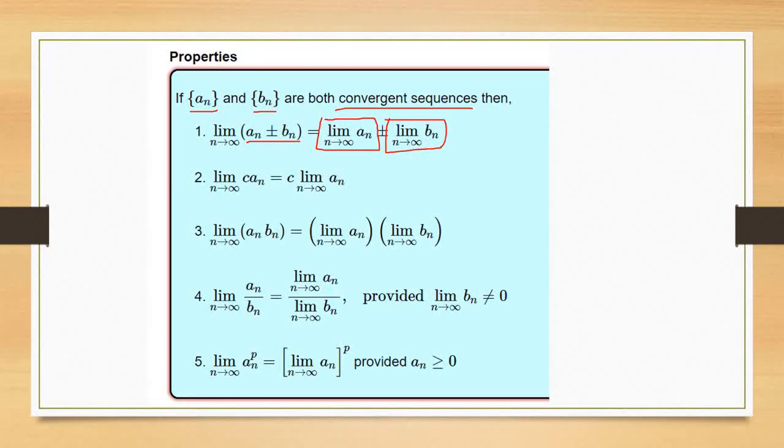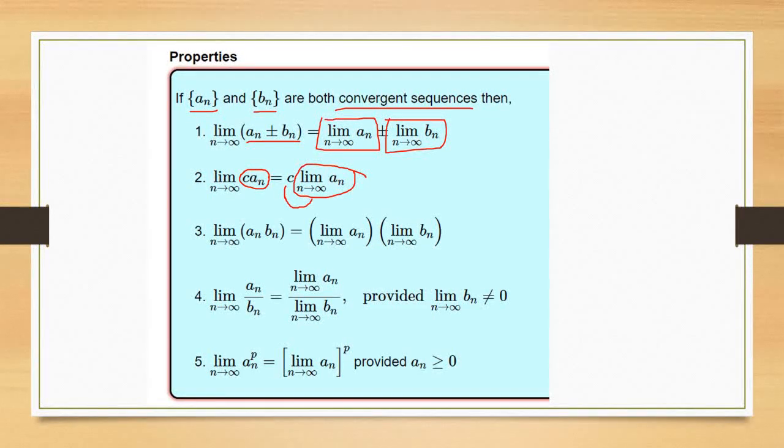Number 2, the limit of the product of a constant and a convergent sequence, a sub n, as n approaches infinity, is equal to the limit of a sub n as n approaches positive infinity, multiplied by c.